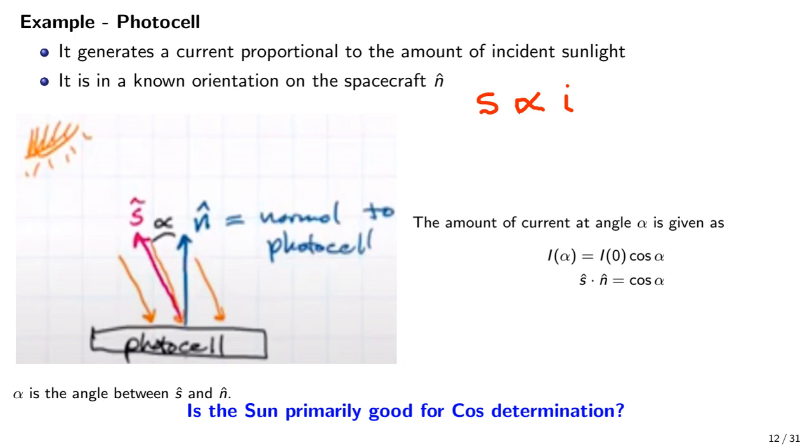If you look at this photocell diagram and then look at the sun, you have rays from the sun coming directly onto your photocell, and then you have the normal to the photocell.